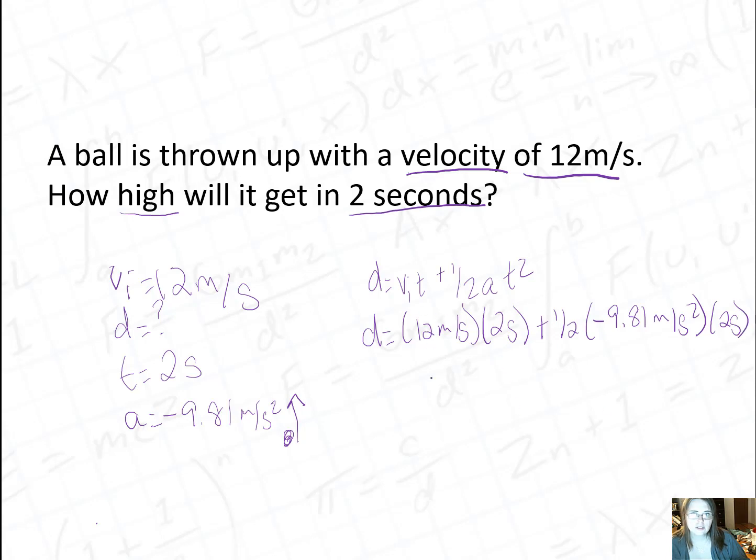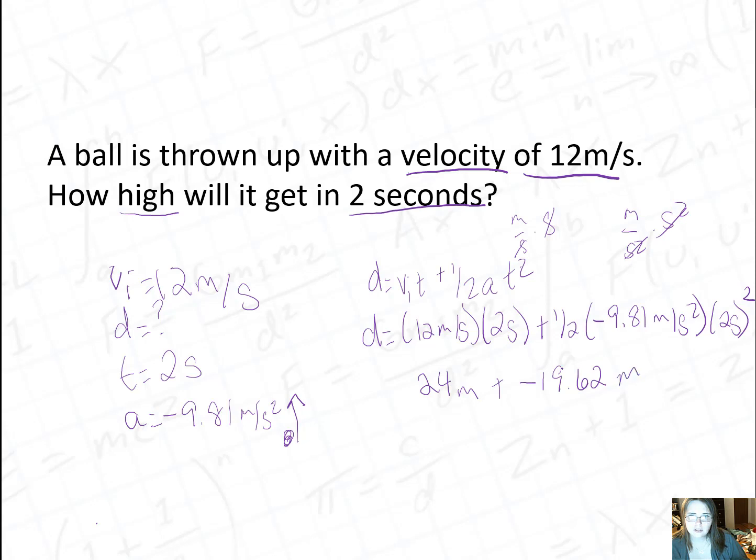Okay, so this is 24 meters, so it's meters per second times a second, so it's meters, plus 1/2 times the negative 9.81 meters per second squared times 2 seconds squared. This is equal to negative 19.62 meters.